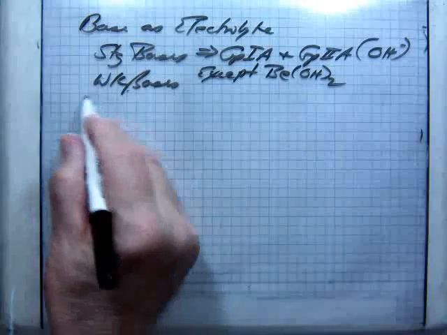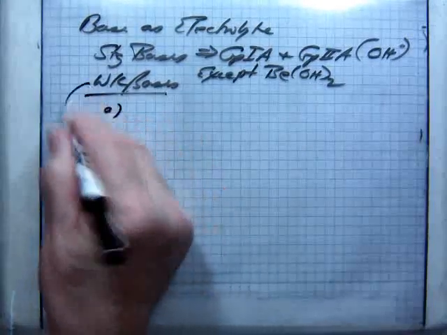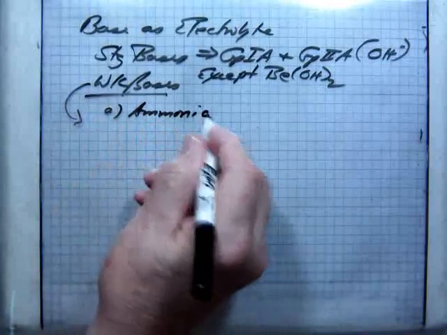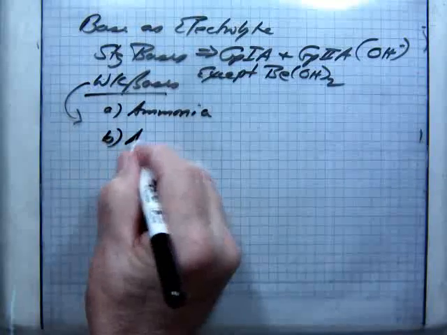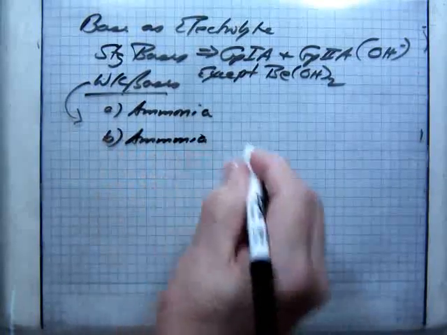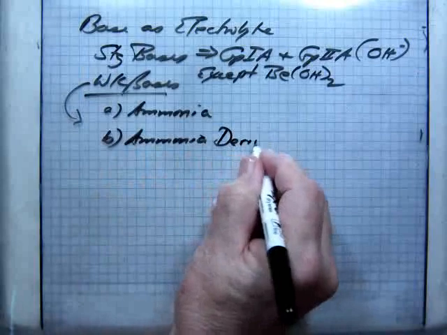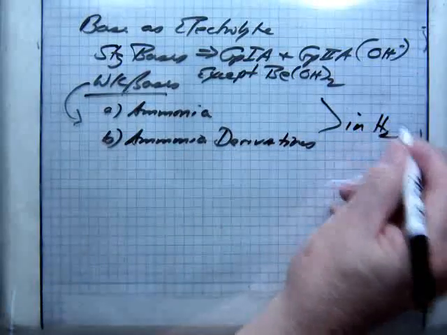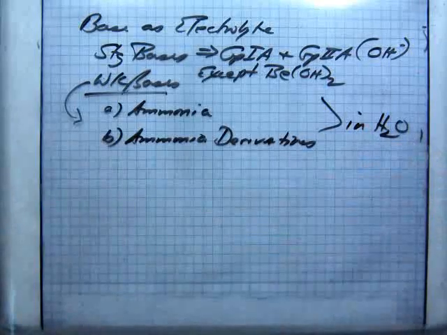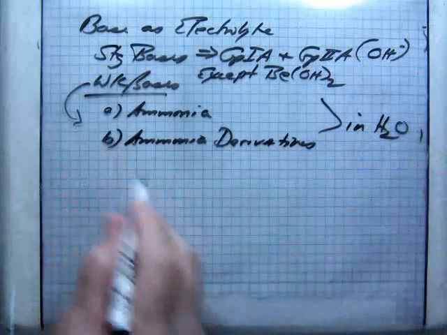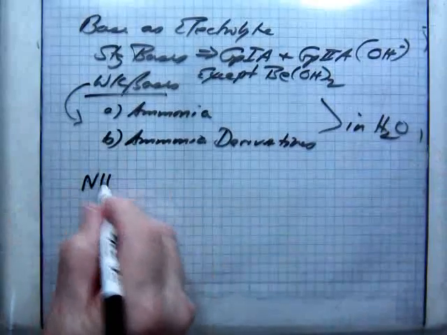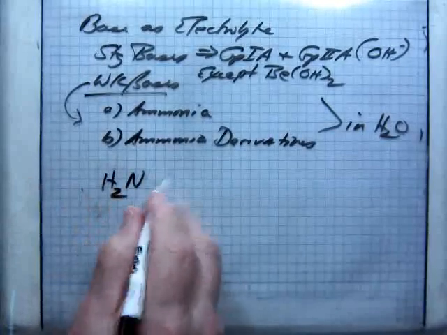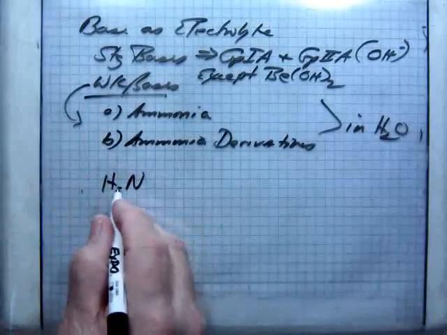So weak bases are of two kinds: ammonia or ammonia derivatives in water. Ammonia is a molecule that looks like this, H3N.